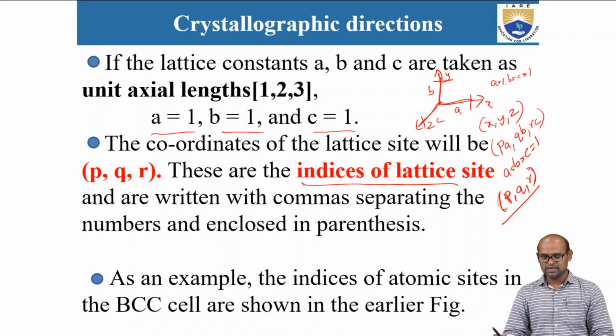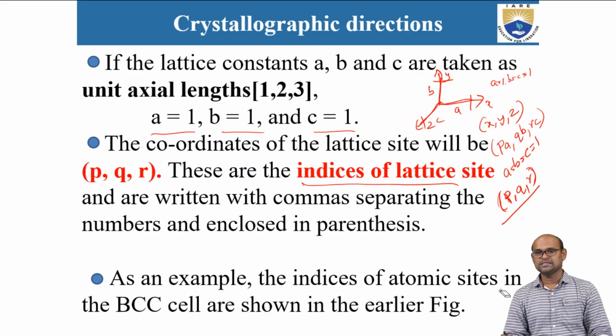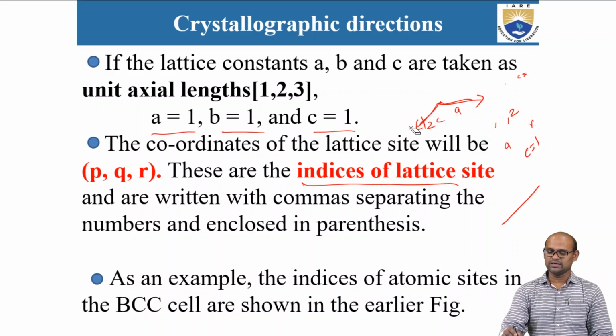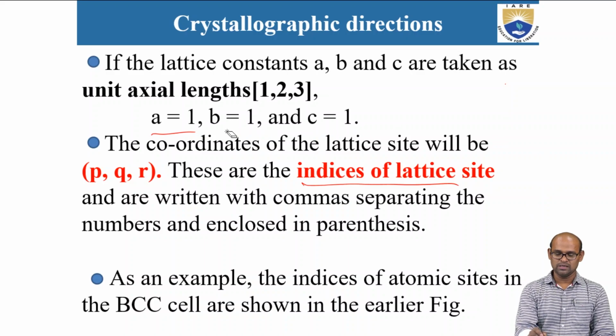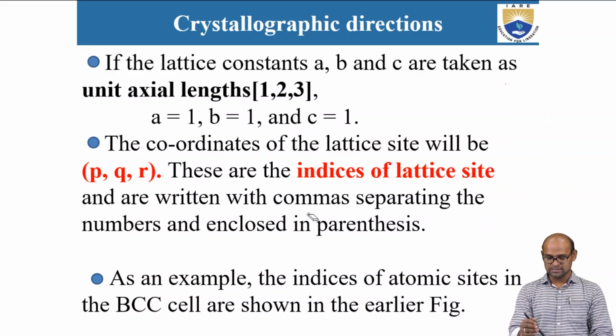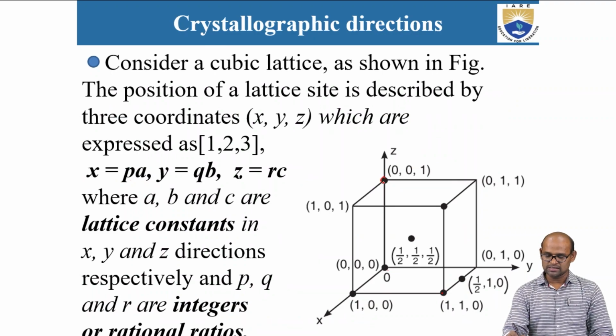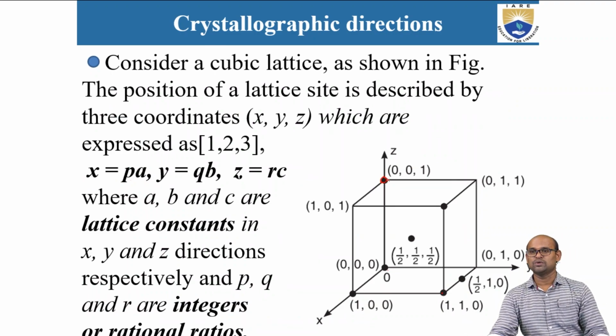Okay. So as an example, the indices of atomic sites in the BCC cell are shown in the earlier figure. In the earlier figure, we have written the indices of the lattice sites for different atoms. So what is the lattice site index of this atom? 0 comma 0 comma 1.